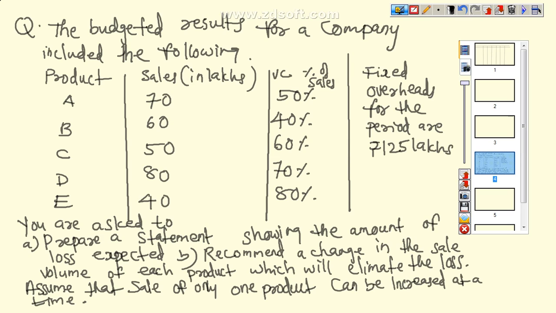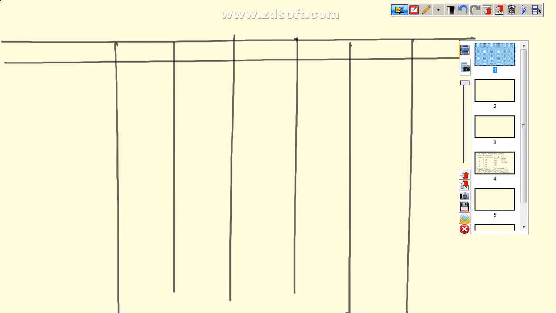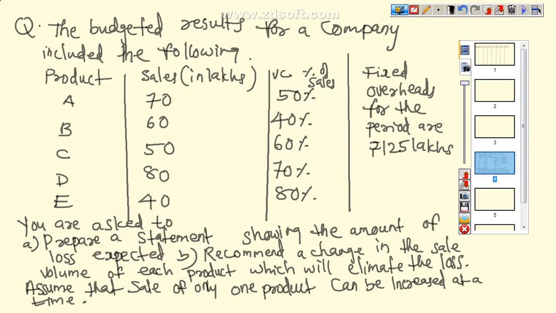So we make a table. There are five products, so we write it here. Name of the product A, B, C, D and E. Here we write total. Here we write particulars. In the question itself, it is written that we have to prepare a statement showing the amount of loss expected.